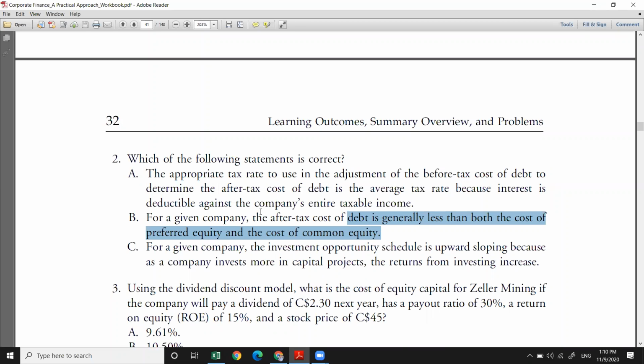We know that debt is generally accepted as less costly than preferred or common stock. When I showed you the derivation of betas, the riskiness of the equity, I said the beta of the debt is equal to 0. It has a 0 market risk. Therefore, debt is generally less costly than preferred and common stock. The cost of debt is further reduced if the interest expense is tax deductible.